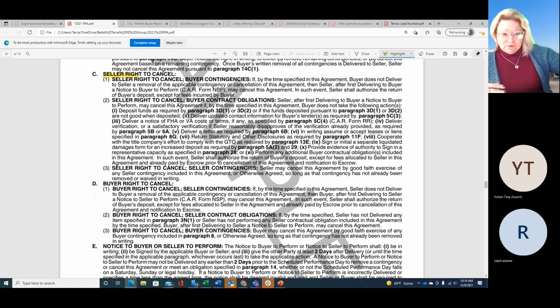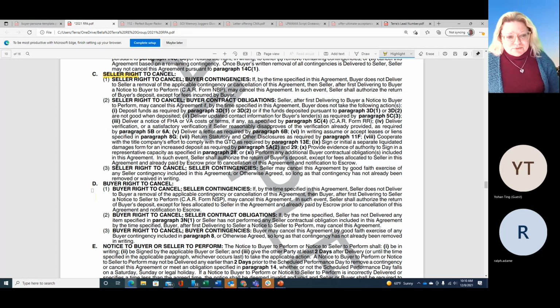So they will have a contingency that they have to find their replacement property. If they can't meet that obligation, that's now a reason for them to go ahead and cancel. So again, it's a delicate walk that we're walking with both buyers and sellers right now. It's a very unique and interesting market.